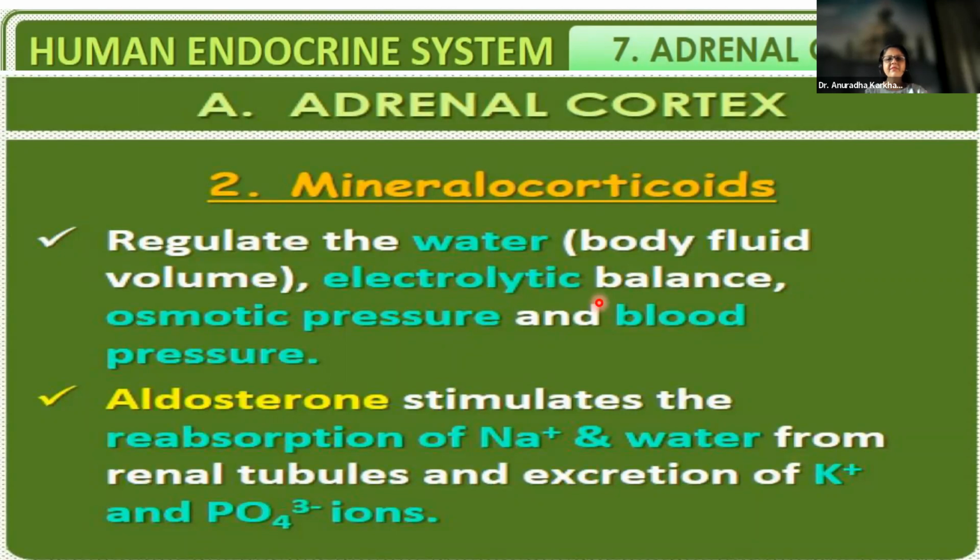K+ is positively charged, PO4 negatively charged, so the balance has to be maintained. This was seen in excretion and osmoregulation. Aldosterone, do you remember or not? Aldosterone mechanism, juxtaglomerular apparatus, aldosterone synthesis. Did you forget the excretion osmoregulation chapter? Do you recollect aldosterone or not?